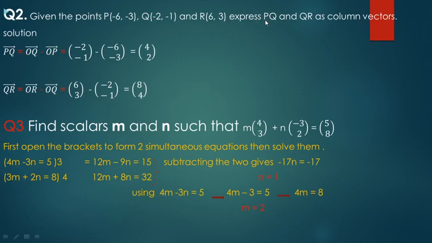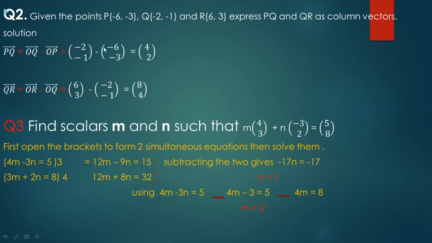We have been asked to express PQ as a column vector. PQ is the same as vector OQ minus vector OP. That is Q minus P, the position vector of Q minus the position vector of P, for you to find the column vector PQ.